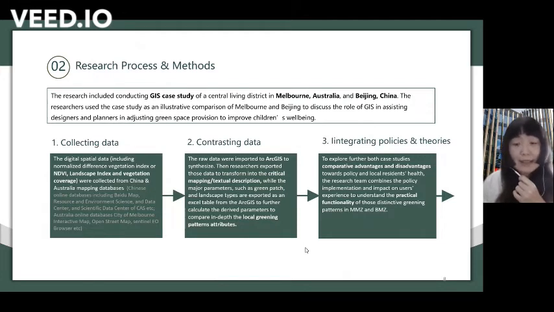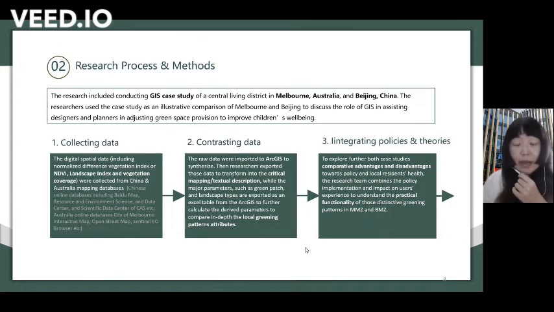Number 1, collecting digital spatial data, mainly normalized difference vegetation index, landscape index, and vegetation coverage from Australian and Chinese GIS databases, respectively.